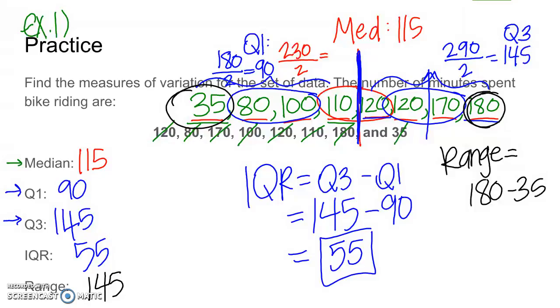And we're done. So these different numbers that we found are called measures of variability, looking at how the numbers are spread out in a data set. Median, Q1 and Q3, the first quartile and third quartile, the interquartile range we got by subtracting these, and then the range is the biggest minus the smallest.